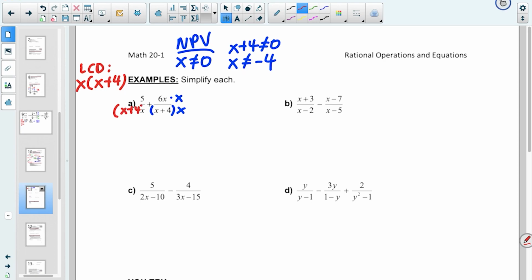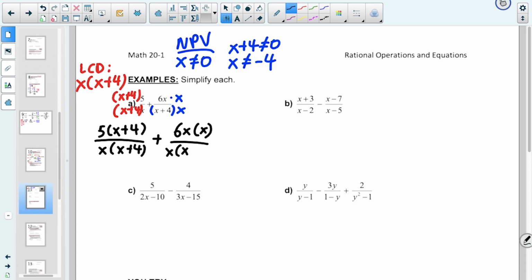So let's multiply the top and the bottom by x plus 4. So that leaves me with 5 times x plus 4 over x times x plus 4 plus 6x times x over x times x plus 4. So you can see now that our denominators are the same.